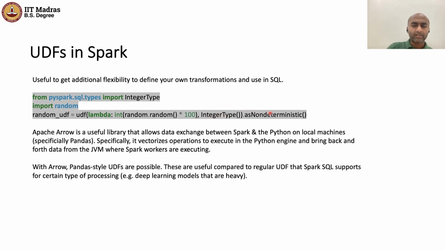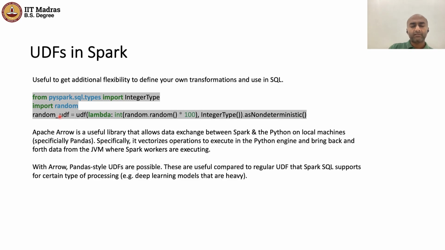So in this case, it's an integer type, as non-deterministic, and that is your UDF. In this case, I'm generating random numbers, therefore my function name itself is random_udf. Now in your Spark SQL, you could say spark.sql, random_udf, and give it some parameter, and you're done. That's how you generate or use the UDF.